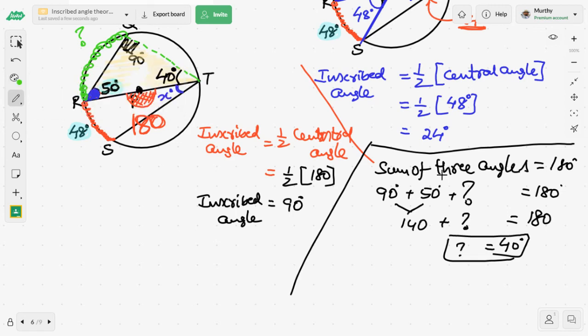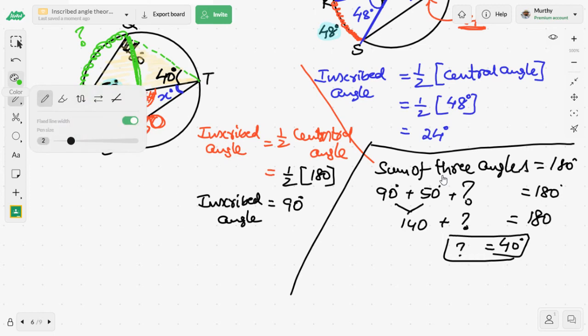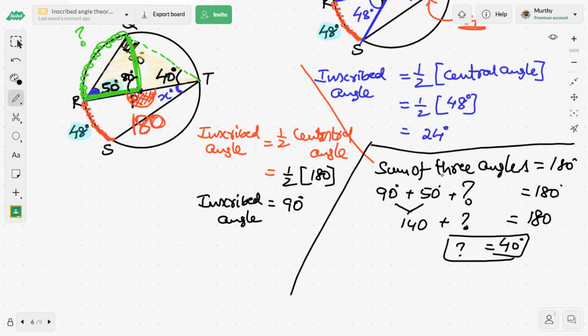I know there are a lot of calculations and a lot of thinking here. Since the central angle is double the inscribed angle, this is going to be 80 degrees. Due to lack of space, I am not showing it. So if this is 80, the arc is also 80.